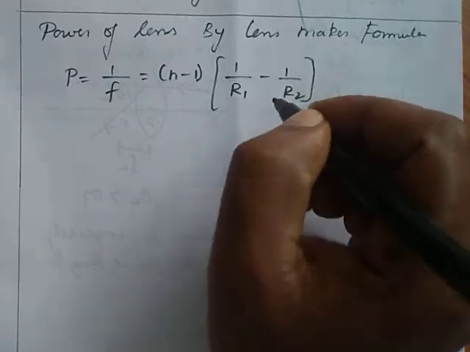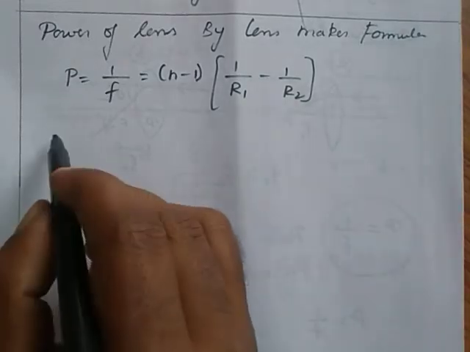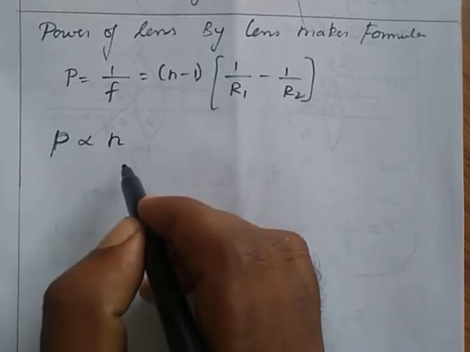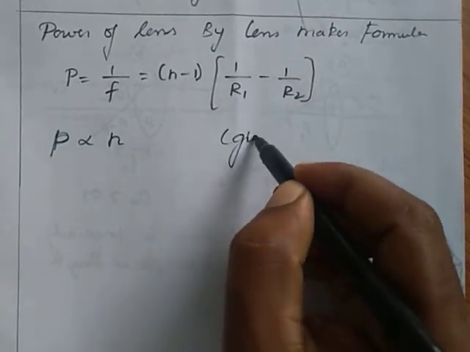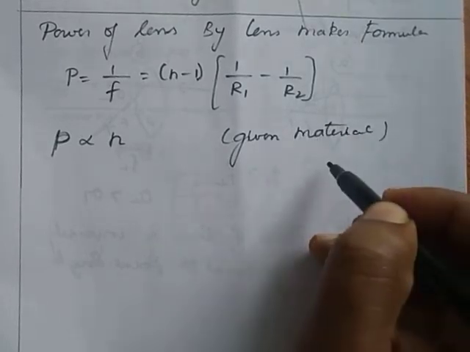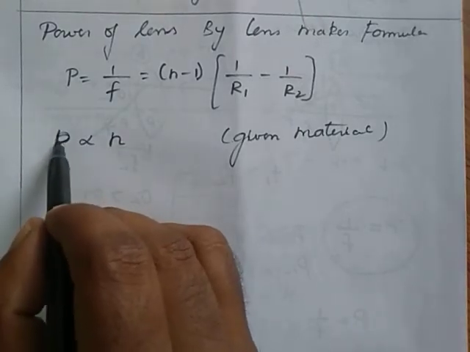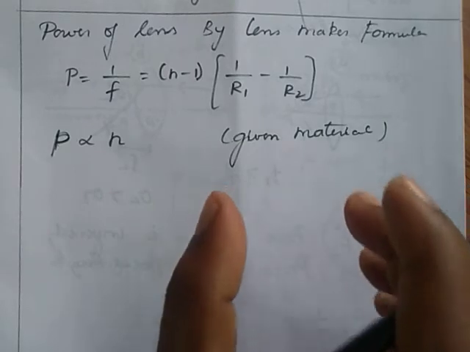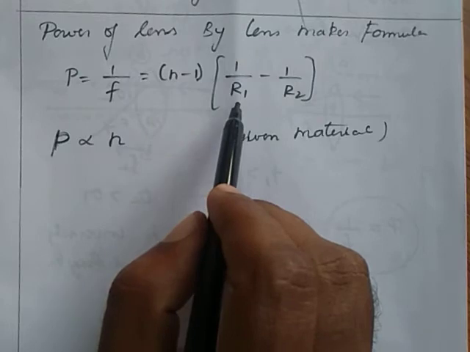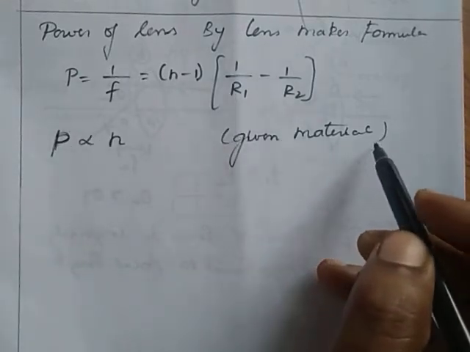This equation gives the outcome that the power of lens is dependent on the refractive index of the material. So for a given material, the power of lens will depend on the radii of curvature, since for a given material the refractive index is not altering.